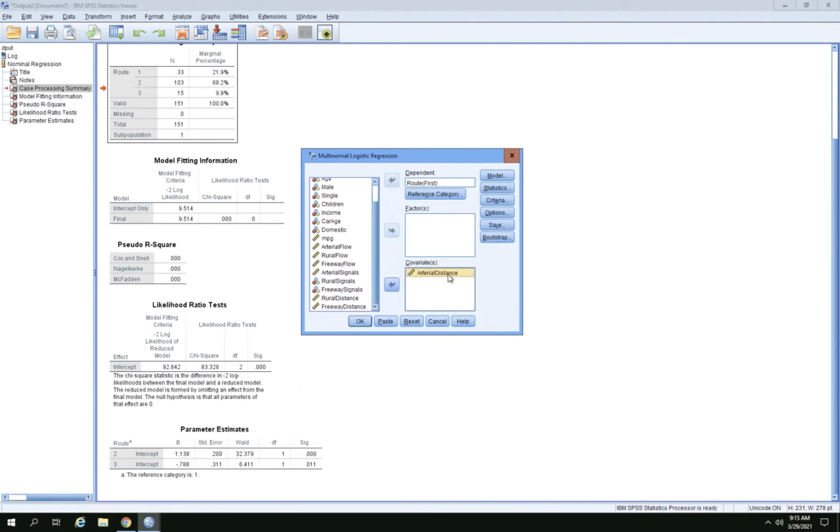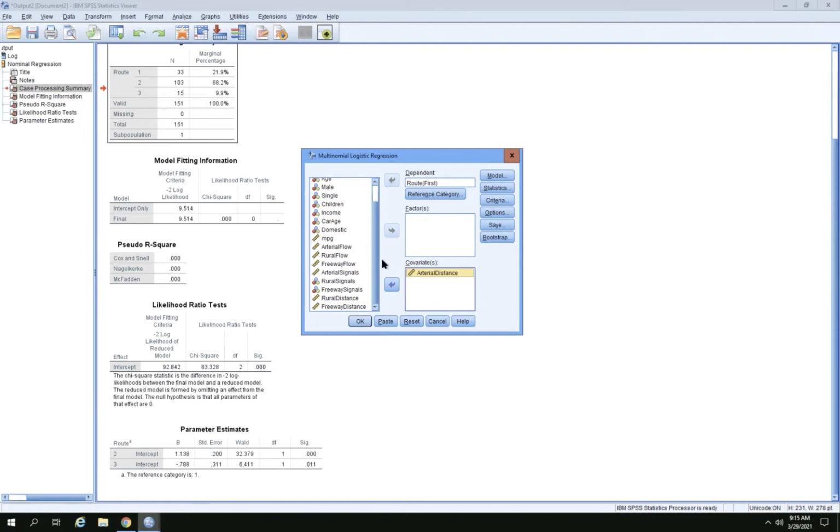I don't recall if I talked about this last week or not, but we have covariates and factors. If we enter the variable as a covariate, it's basically going to treat that as a continuous variable. If we entered it as a factor, it's going to assume that variable is discrete in nature, and so it'll estimate a series of binary indicator variables. So we definitely don't want to do this for arterial distance, and I guess I can demonstrate in a second what happens if we try to do that.